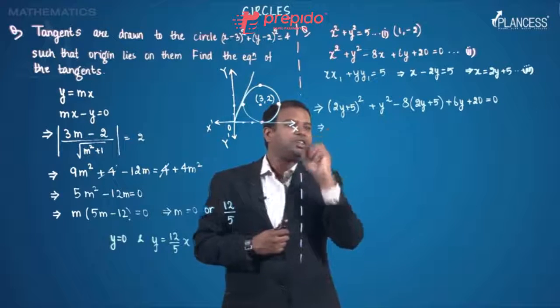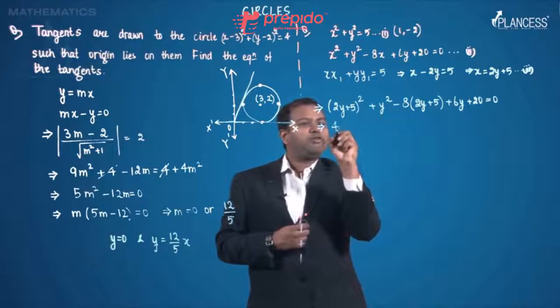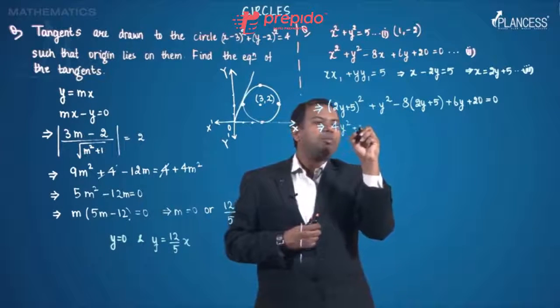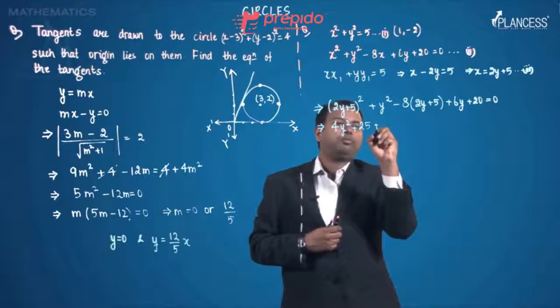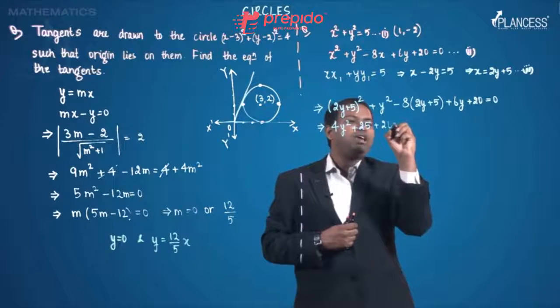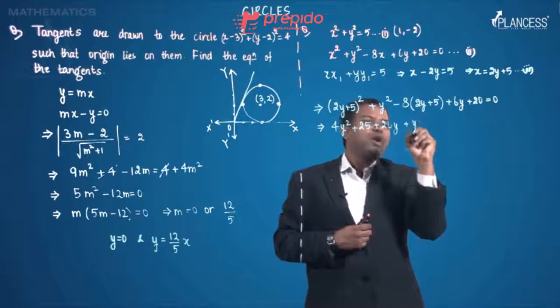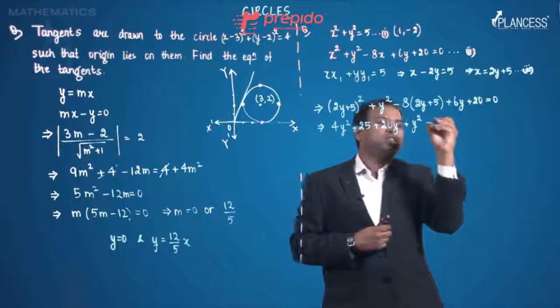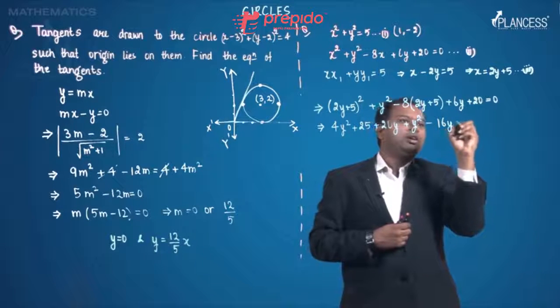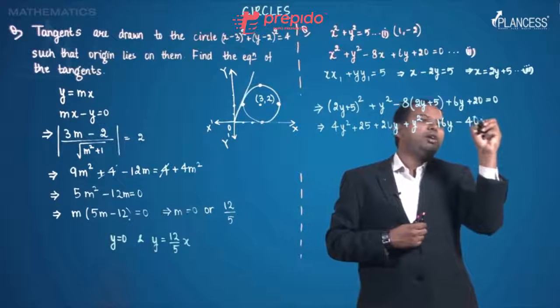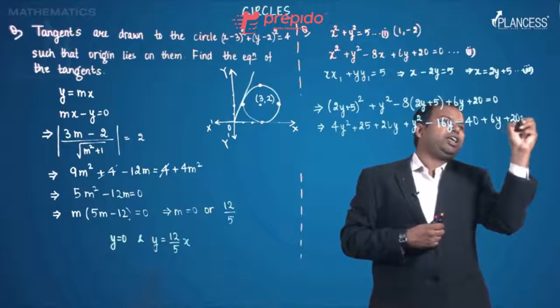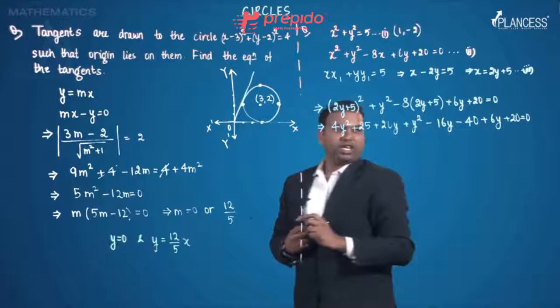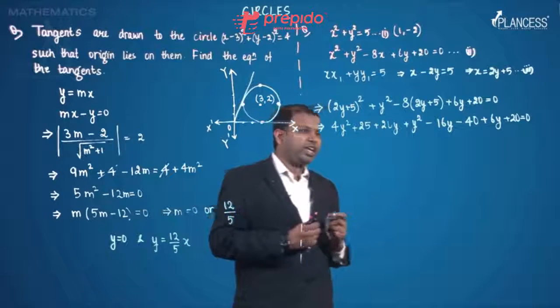Let us simplify this further. We have 4y square plus 25 plus 20y plus y square minus 16y minus 40 plus 6y plus 20 equal to 0. Let us see what we can cancel out.